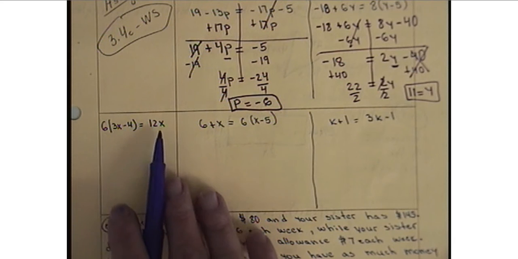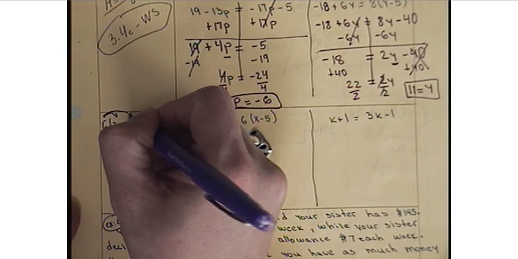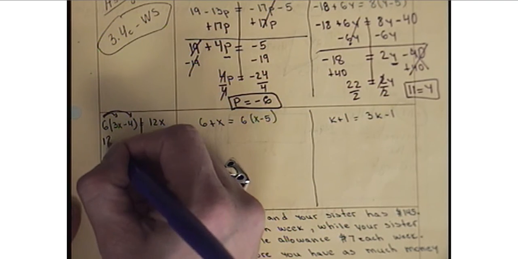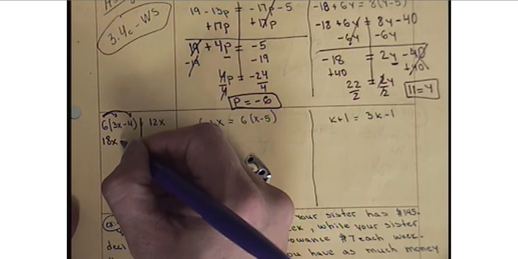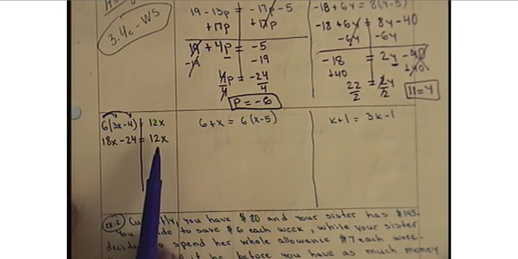Another example, 6 times, inside the parentheses, 3x minus 4 equals 12x. Okay, I'm going to draw the line and I will apply the distributive property. 6 times 3x is 18x, 6 times negative 4 is negative 24, equals 12x. So look at this, we have 18x here and 12x over here.